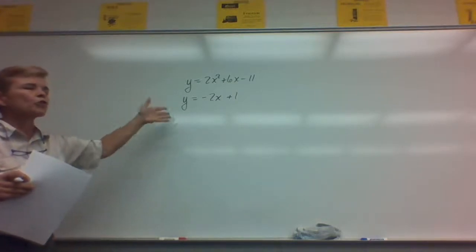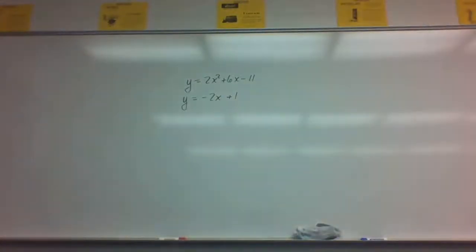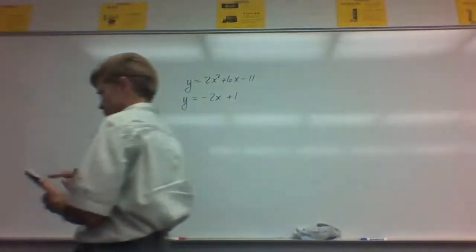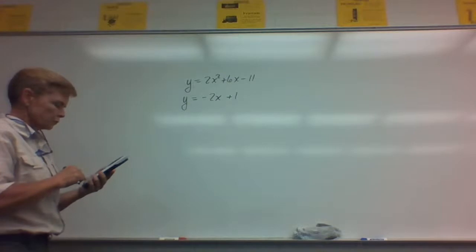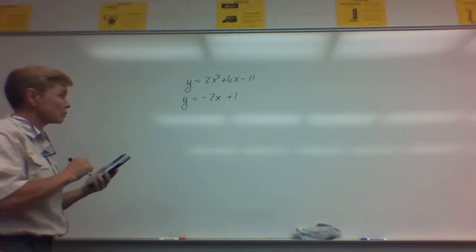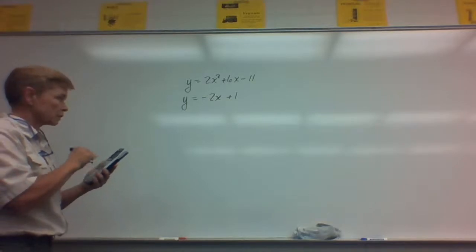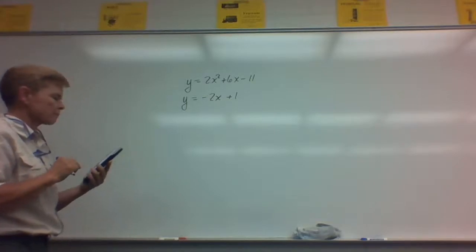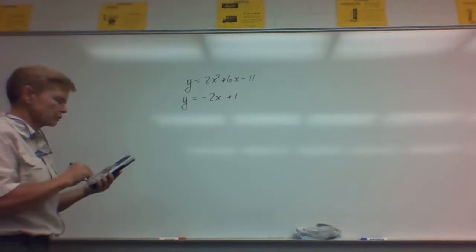There's nothing for you to show. So you'll either get it right or you won't, which means better enter it in your calculator very carefully. So 2x squared plus 6x minus 11 and negative 2x plus 1. Go back to a standard screen because we augmented the last one.